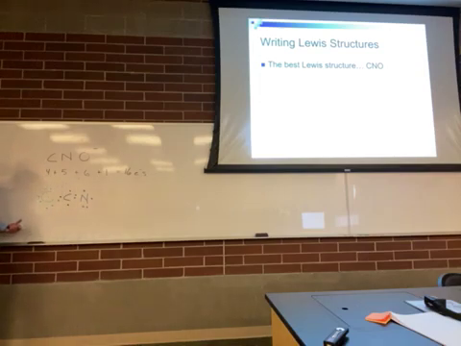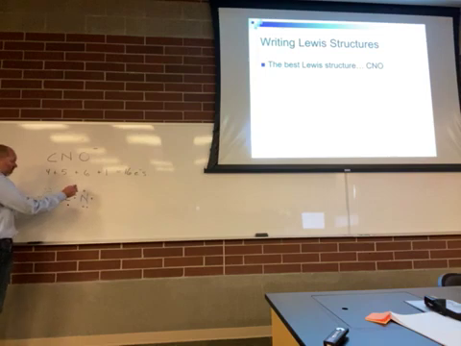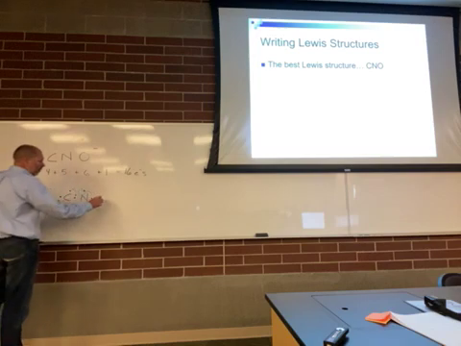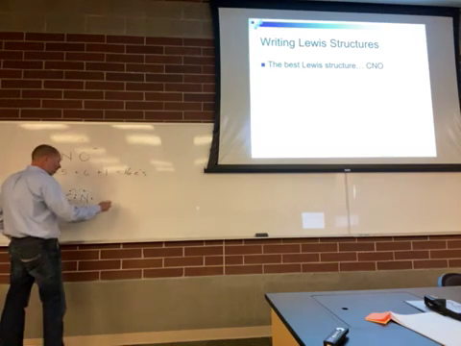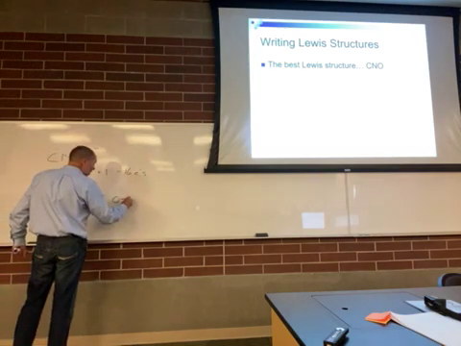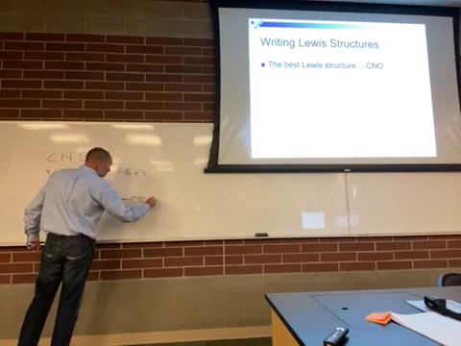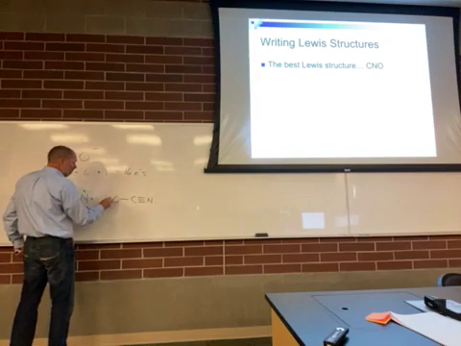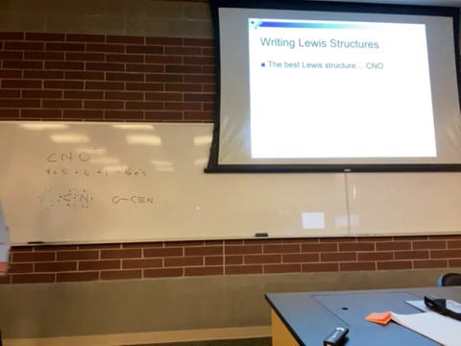Well, there's a couple different ways I can do this. One is I can bring that electron down, that electron down, that electron down, and that electron down. So one option of this molecule looks like this. Okay? So there's one option.